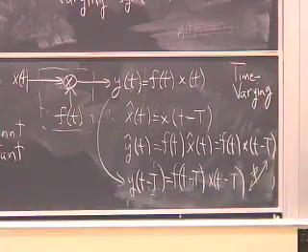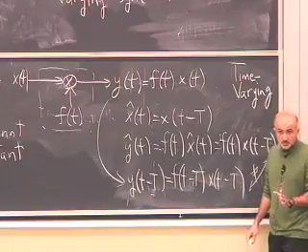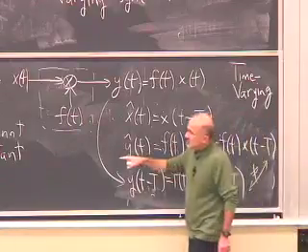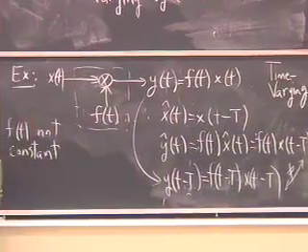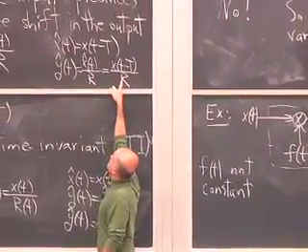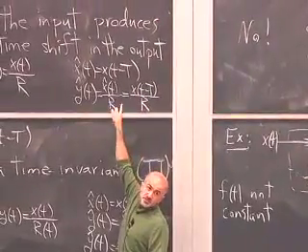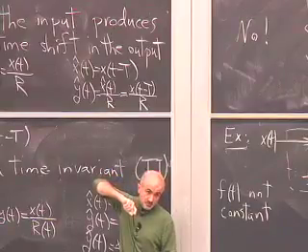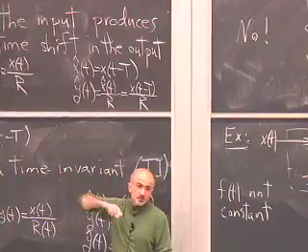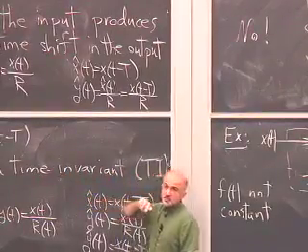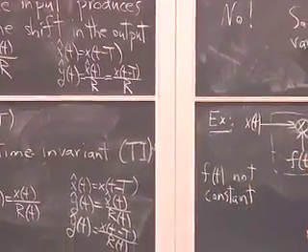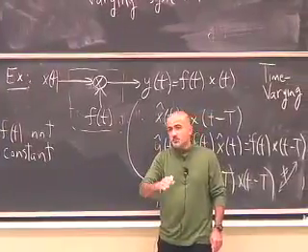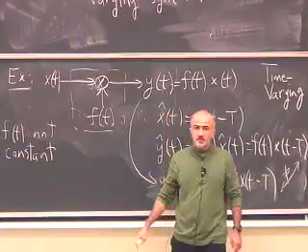But a time invariant system must have this shifting property, that the output corresponding to the shifted input is equal to the shifted output of the original one for all shifts T, not just for a set of capital T's. This must be true for all shifts. No matter how much I delay or advance the input signal, the output signal must correspondingly delay or advance. Question?